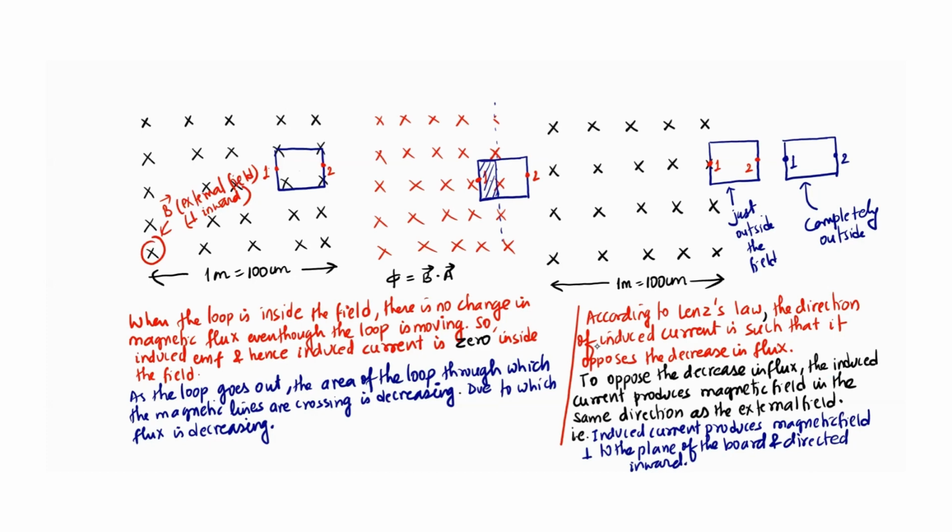So we now use the right hand rule. We have the magnetic field in the inward direction, so the current in the square loop MNOP flows in the clockwise direction. Let me redraw the figure.